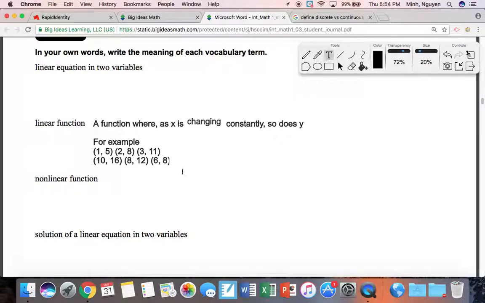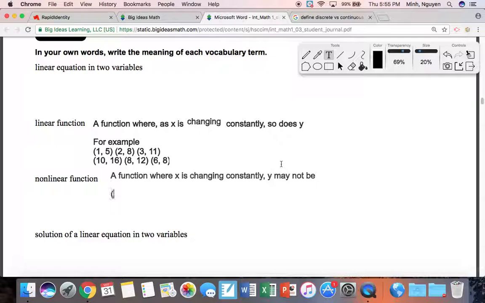A nonlinear function is exactly what it sounds like, especially after having defined linear. A function where this constant is non-existent. So a function where x is changing constantly, but y does not as well.